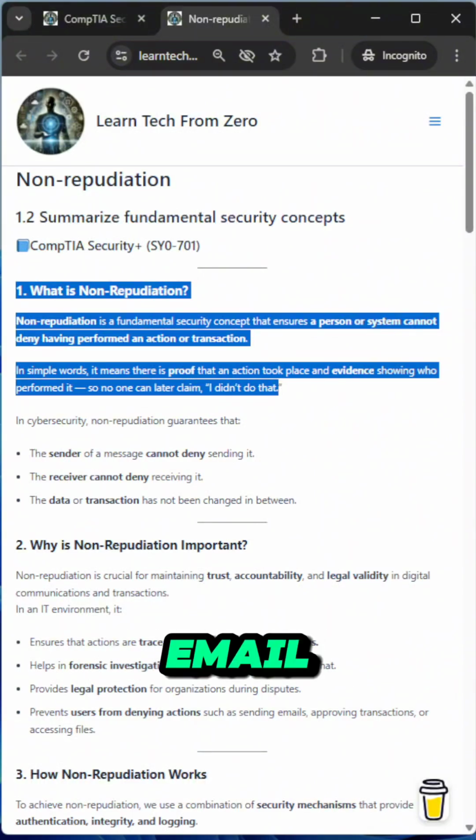So if you send an email, or do something on a device, if you take any actions, if you make any changes to a file or do anything within a system, the system will keep track of the person who did that. This is how we can confirm that this system or the user did that action, and they cannot deny that later on.